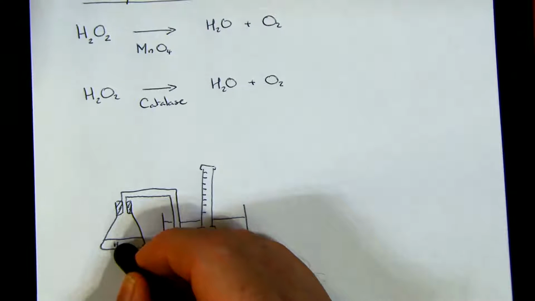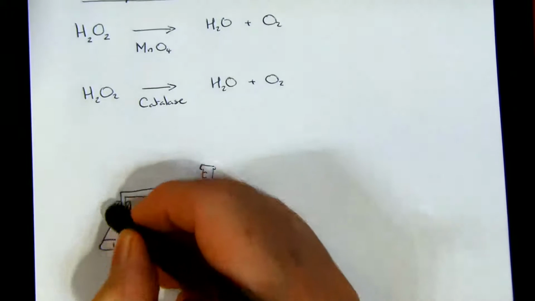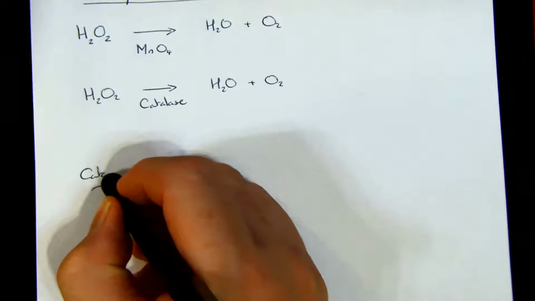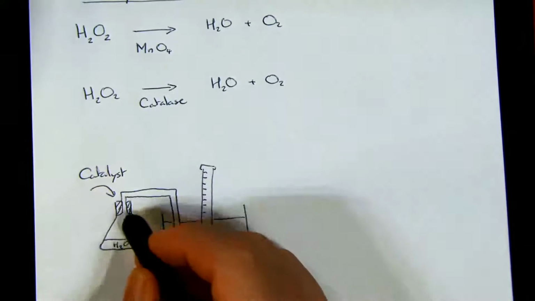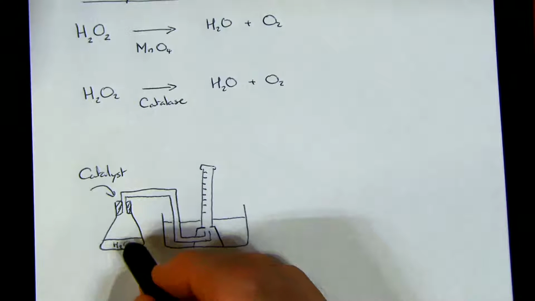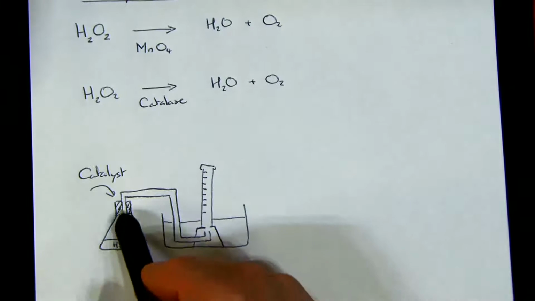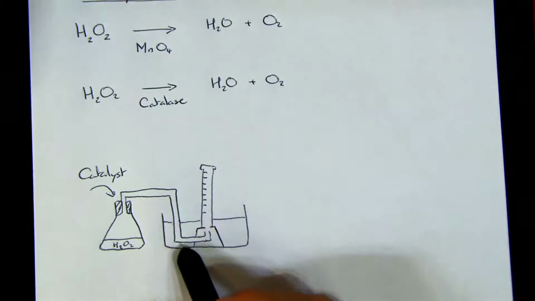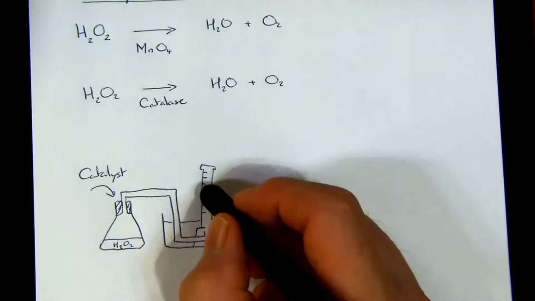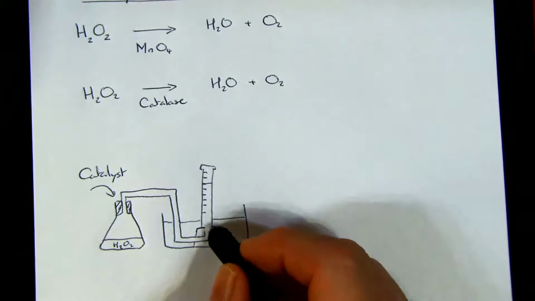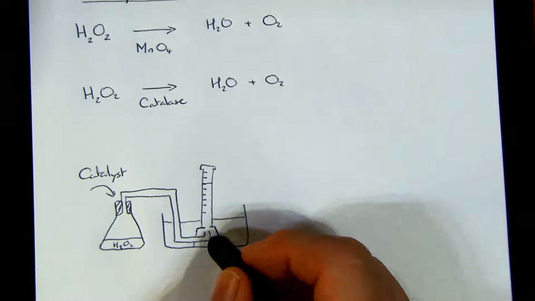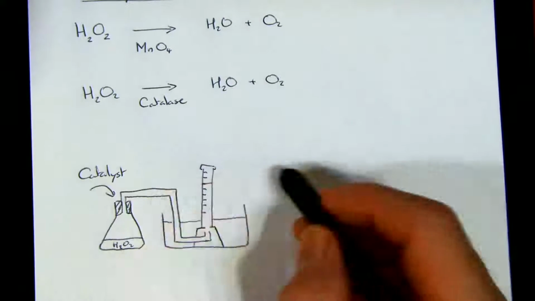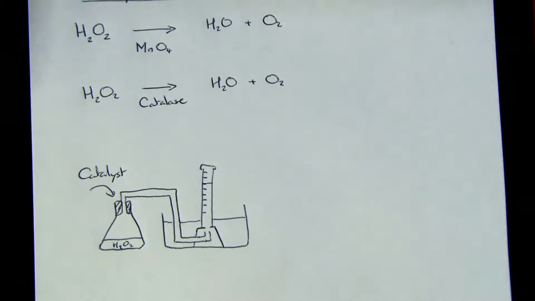With our hydrogen peroxide in here, we're going to add some catalyst, and our reaction will start. We put the bung in immediately, gas is produced, and we will collect the gas over water. This is a classic chemistry experiment for doing catalysts.